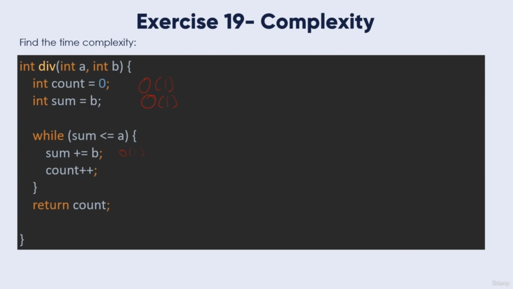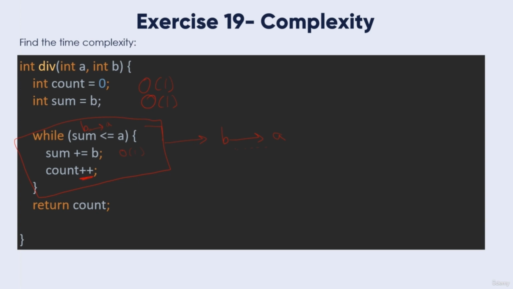So we are going to go through the values from b, because sum equals b, to a or less than a. So this loop will go through all elements, because count goes up from 0. Okay, so we are going to go from b to a, through all the elements, and return count.